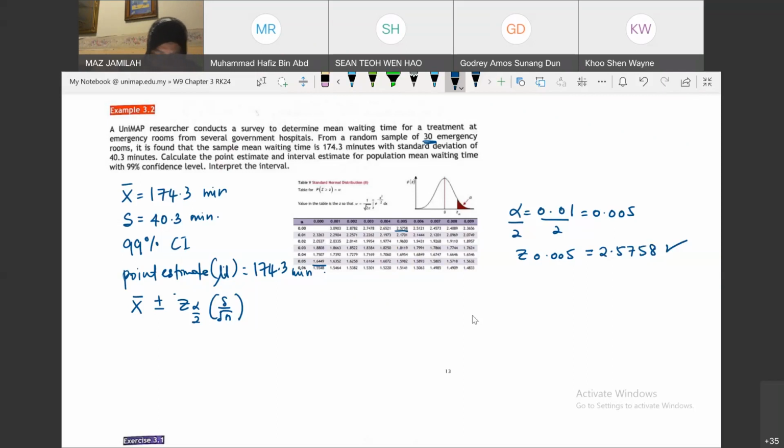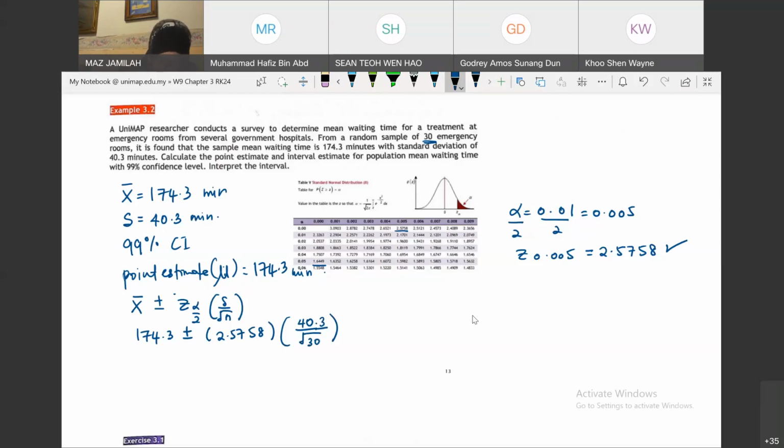So put everything together. You have 174.3 plus minus the alpha over 2 critical value, 2.5758, multiplied by 40.3 divided by square root of 30.